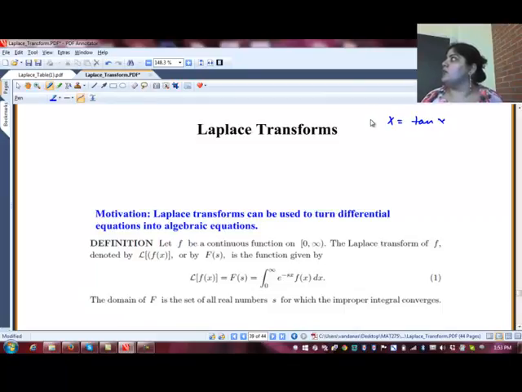So if this problem is given in a calculus class to you, not in differential equations, say calculus 2, you can do it in calculus 1 also. So when do we say two functions are equal?